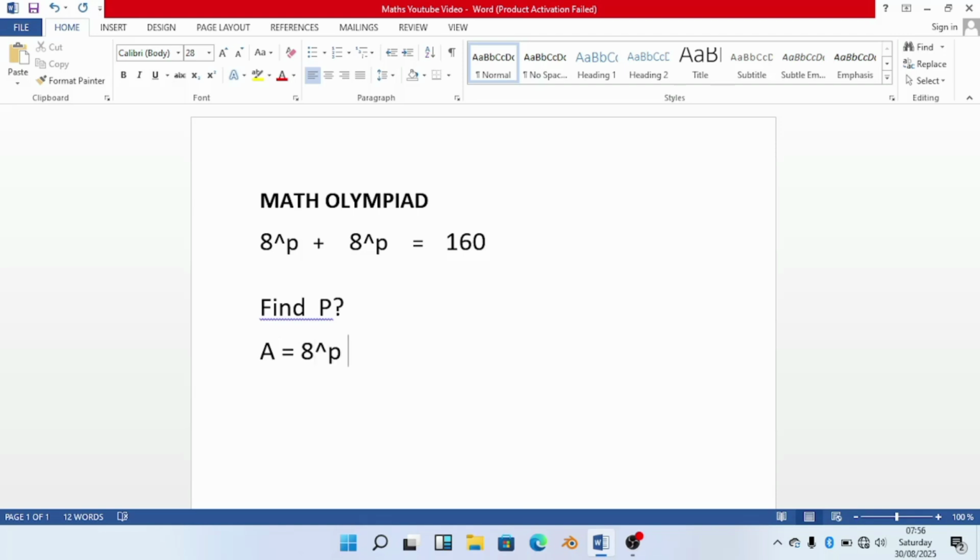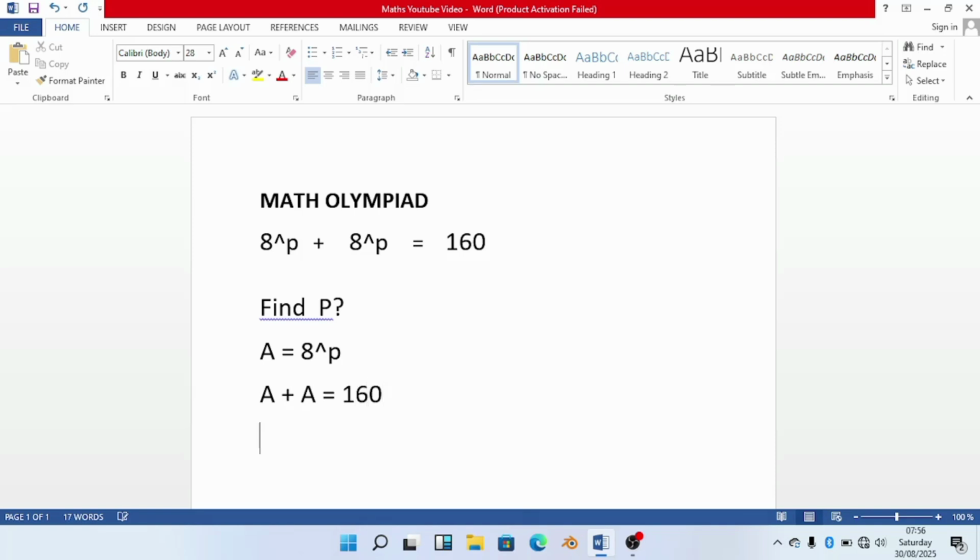This makes our equation much easier. Since we have assigned an entity to a variable, we can replace it with that variable by saying a plus a equals to 160.